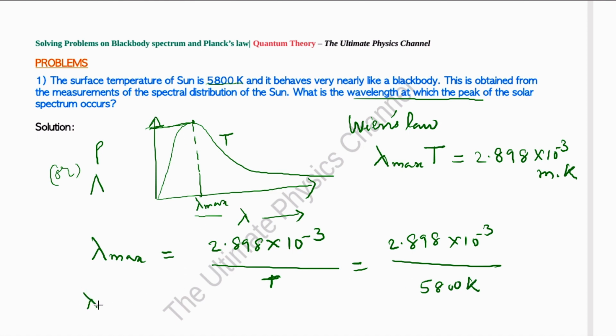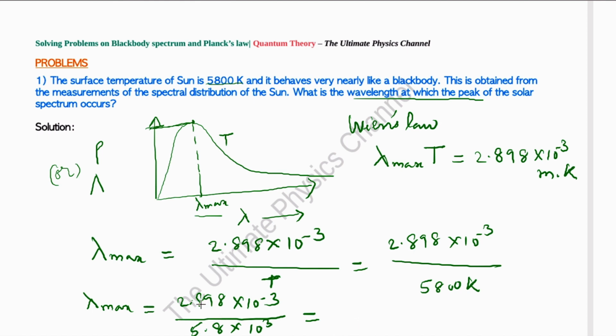So lambda max is equal to 2.898 into 10 power minus 3 over 5.8 into 10 power 3. I'm just writing it in this way so that I can easily simplify the calculation.